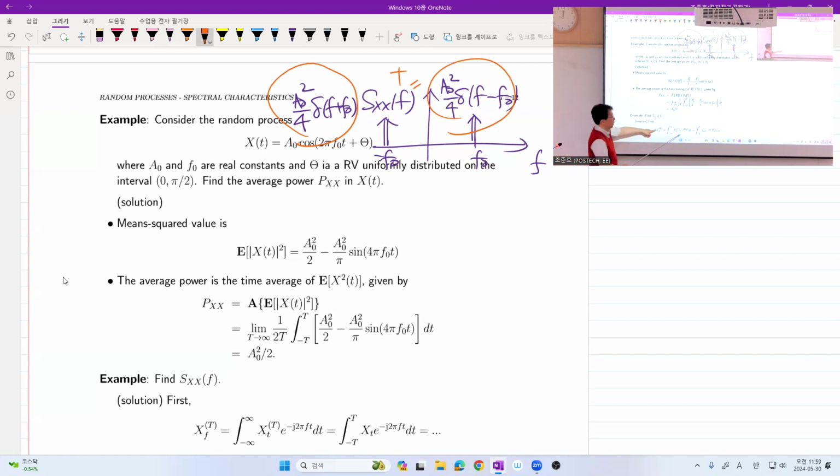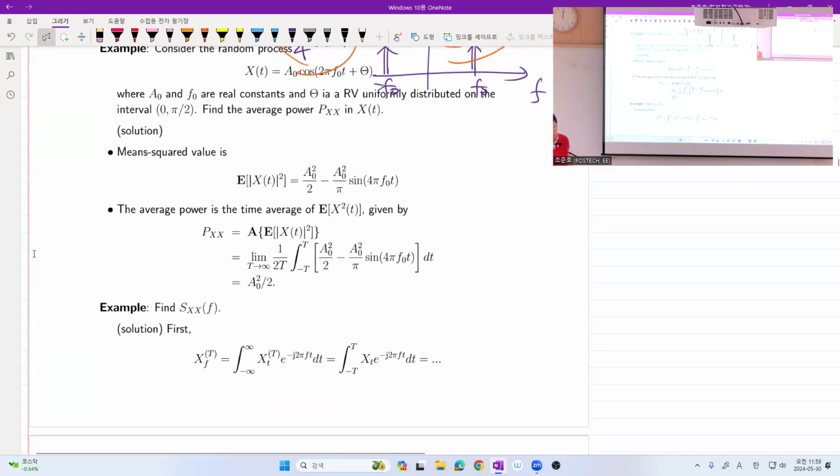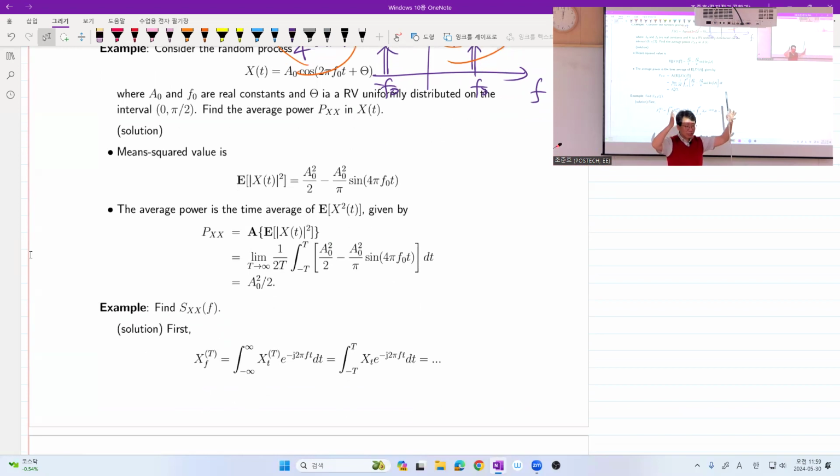Now let's see. By using the definition, let's compute the power spectrum. The problem is that it's not easy to compute the Fourier transform of a truncated sinusoidal signal. If you truncate so as to have an exact integer multiple of the period, then it would be okay. But if not, as you have done in your high school math, it's a complicated, messy function.